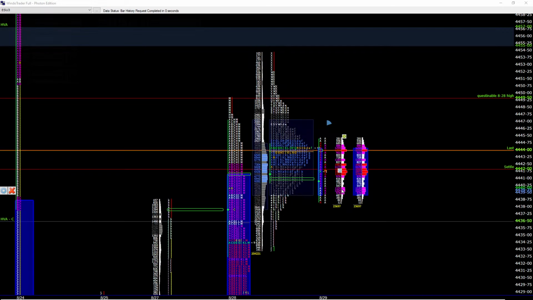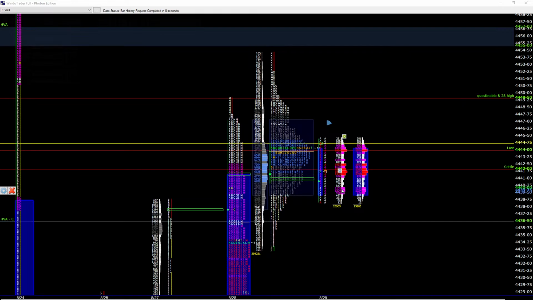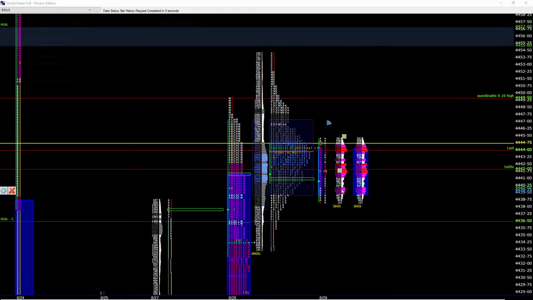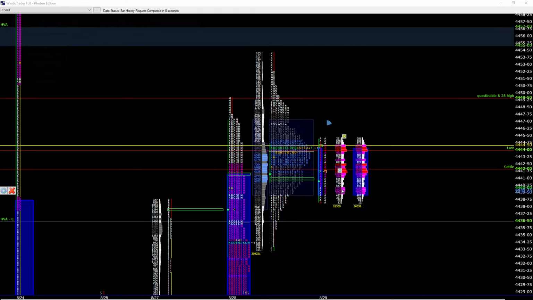If it does this to the downside, it's generally going to be a weak day, okay, a weak market. And if it does the opposite, if it breaks to the upside of the previous day range, that can potentially signal a strong market in the short term.